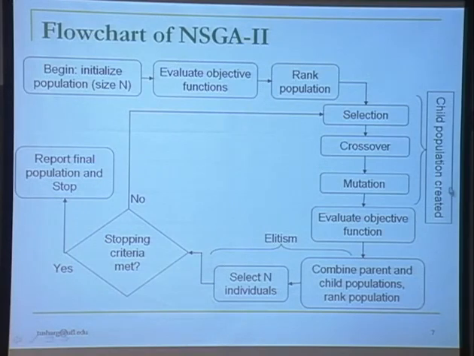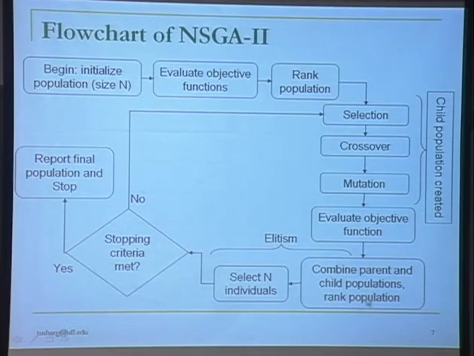For this child population, I evaluate the objective functions. Now I have a child population, and I have a parent population here. I combine both of these populations, that is, I get a combined pool of 2n solutions.